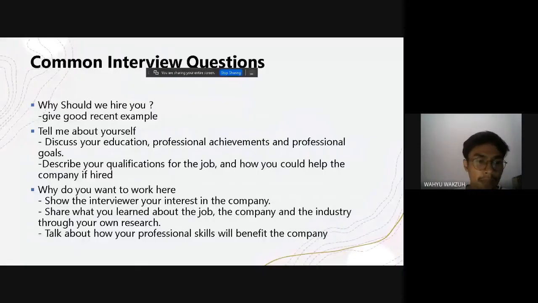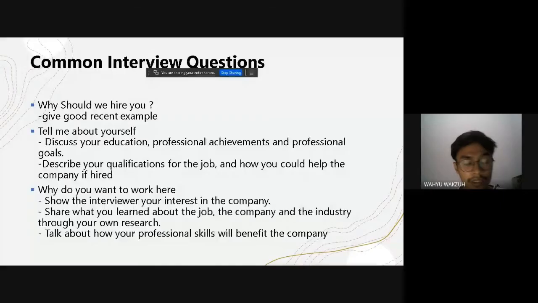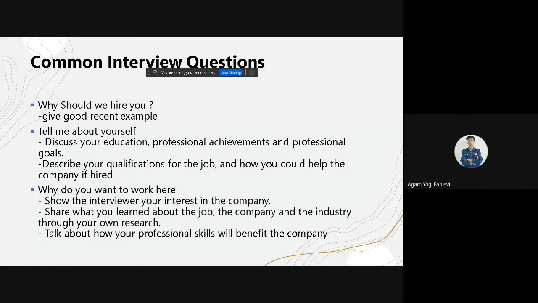And number two, the employer will ask you, tell me about yourself. For this question, you need to discuss your education, professional achievements, and professional goals. Describe your qualifications for the job and how you could help the company if hired.